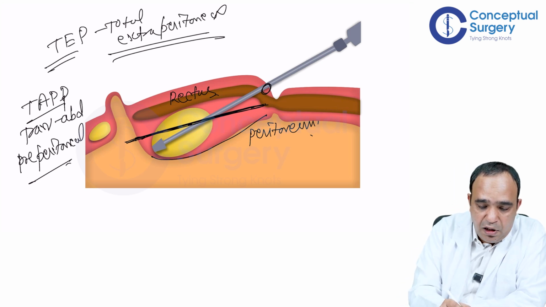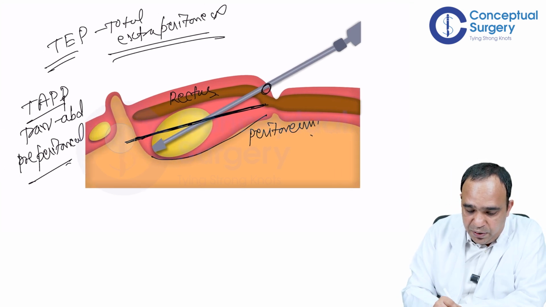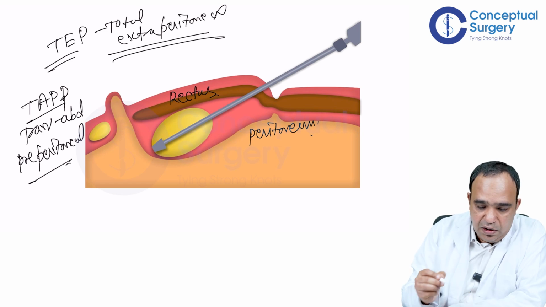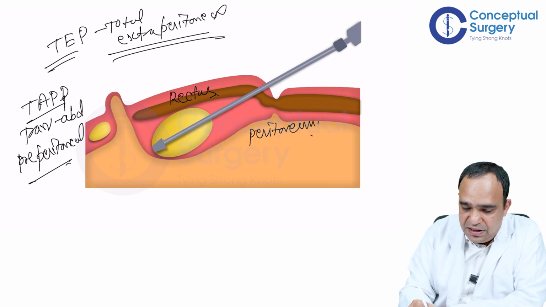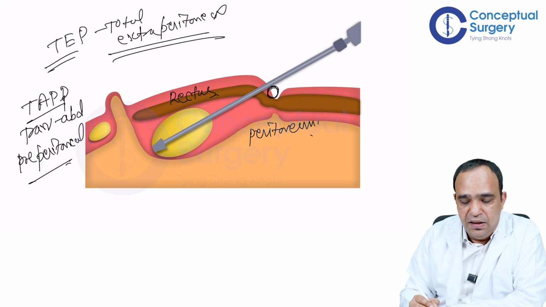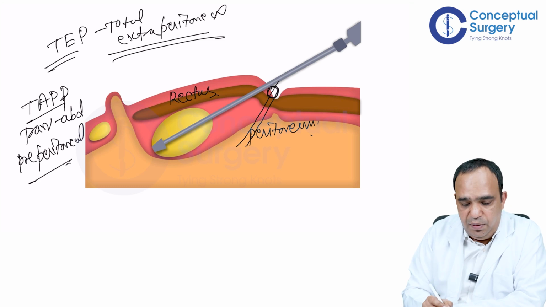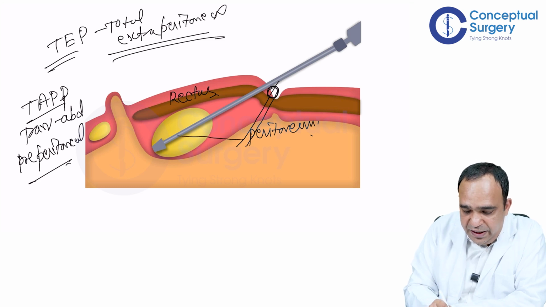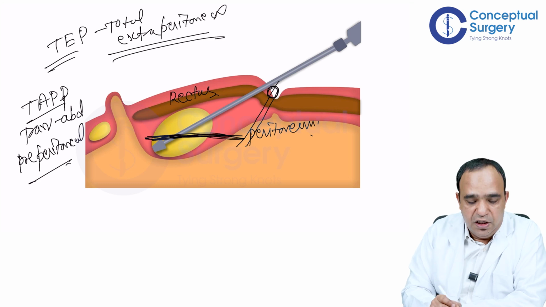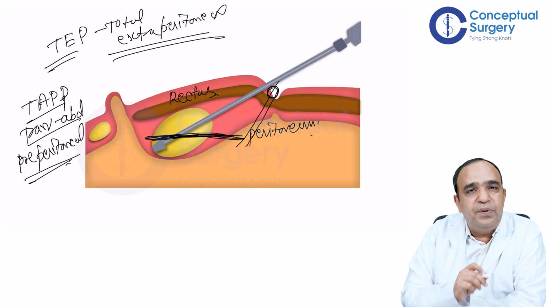Now TAPP. The route is different. We make an incision here and go through the peritoneal cavity. We first enter the peritoneum, then we create this preperitoneal space, and then we place a mesh. So, transabdominal preperitoneal.